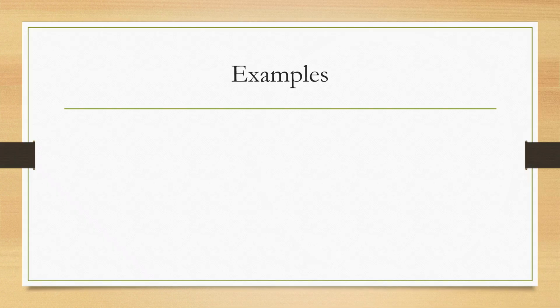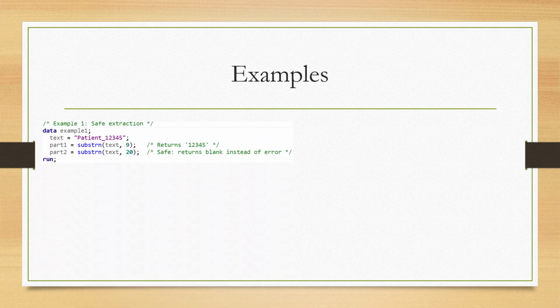Let's go through some examples to understand the differences between the SUBSTRN and SUBSTR functions. So first of all, in the first example, I'm using a text string, patient underscore 12345, which is populated in the text variable, and this variable is being used in the SUBSTRN function call.